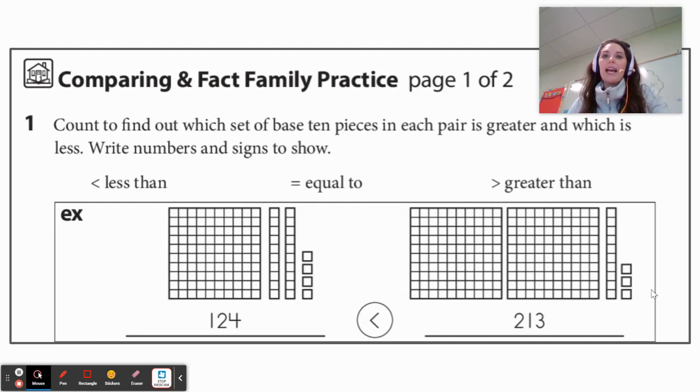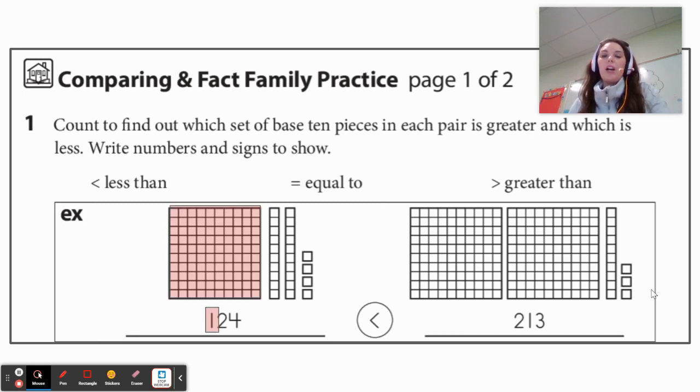Write the numbers and signs to show less than, equal to, or greater than. So this is the example for number 1, and I'm going to walk you through how to identify the number first, and then we will talk about how to decide if the number is greater than, less than, or equal to.